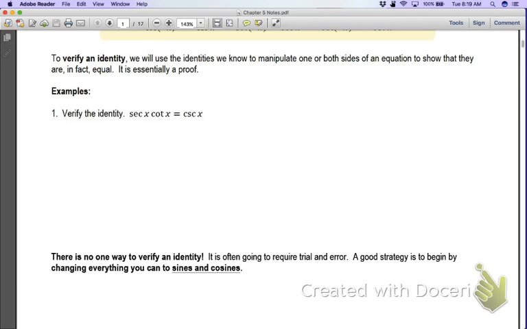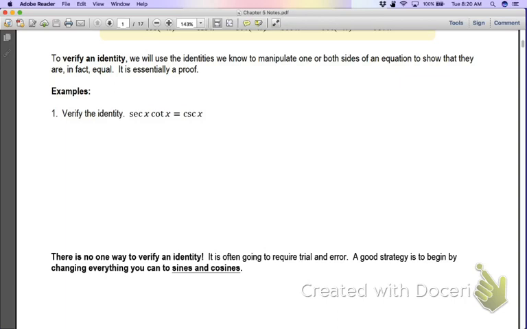So whenever I do this, what's another way of writing secant? Just the secant part, not forgetting everything else. Is there more than one way of writing just secant of x? 1 over cosecant.